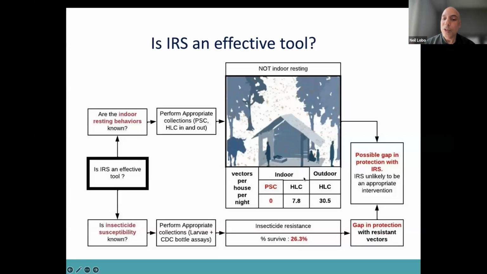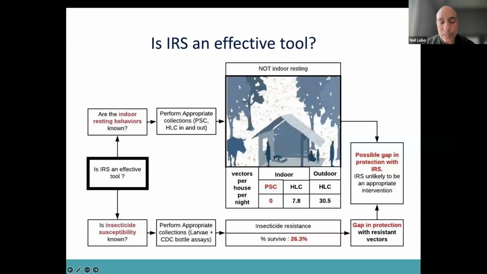And when we're looking at indoor landing rates and biting rates in the HLCs, we were finding 7.8 mosquitoes biting indoors per night. And outdoors, we are finding 30 mosquitoes per house per night. So mosquitoes were coming inside to bite people, and mosquitoes were outdoors biting people. But of the 38 mosquitoes coming to a house, 0 of them were resting in the house.